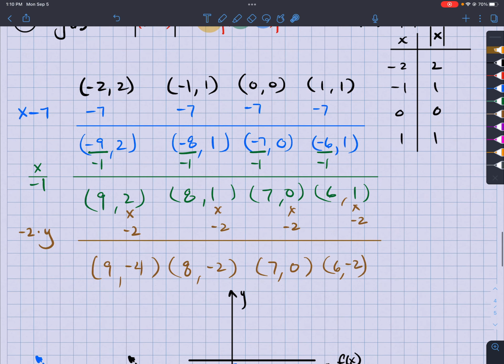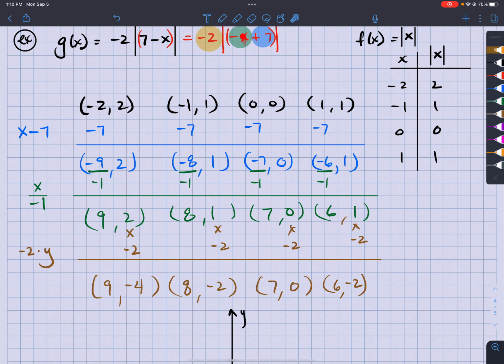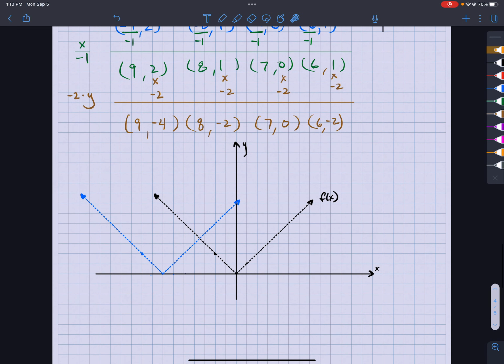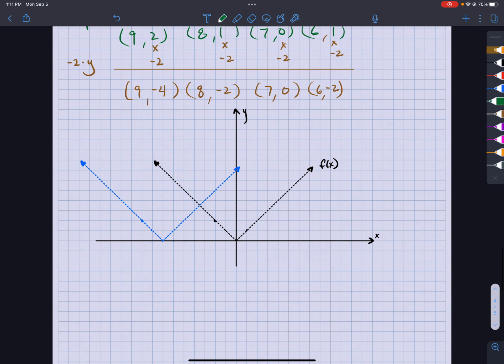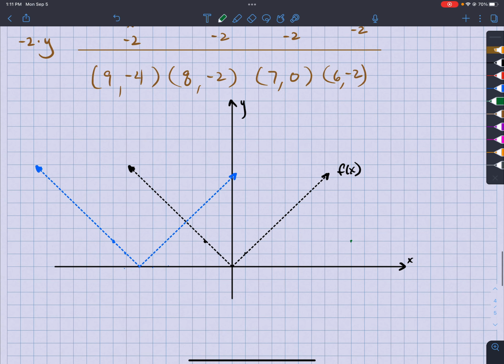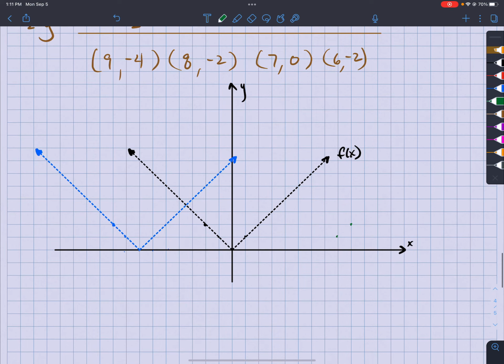Now, the next thing we did was the green. What we did was negate the x, or divide by -1. So here's my new answer. What happens when I negate the x? Now it's going to be 9, 2, then 8, 1, and then 7, 0.